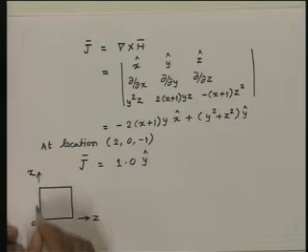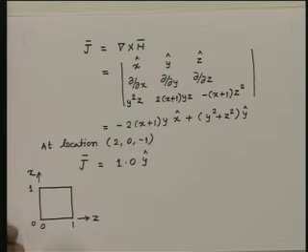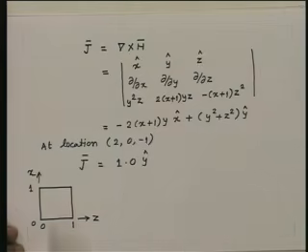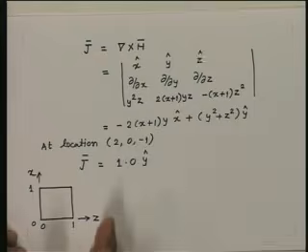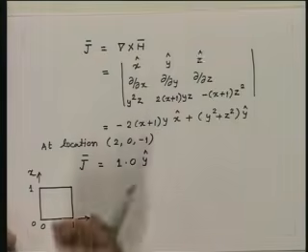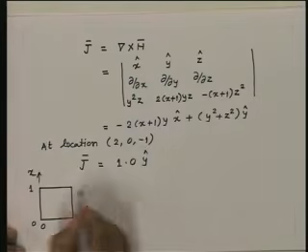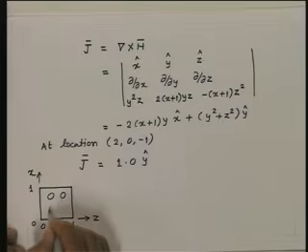The conduction current density is oriented in the y direction. By the right hand rule, if I point my fingers from z to x, the thumb points in the y direction. So the current is coming out of the plane of the paper.